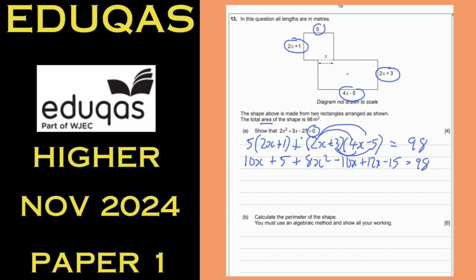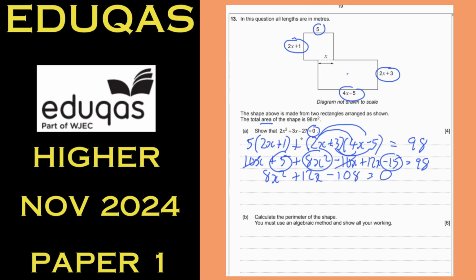So let's simplify our x squareds. We've only got one term. Let's simplify our x's. 10x, take away 10x, they disappear. We've only got 12x left. And finally, 5, take away 15 is minus 10, minus 98 from both sides, negative 108.